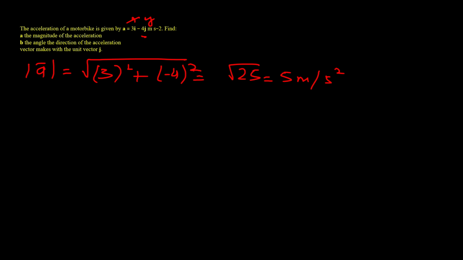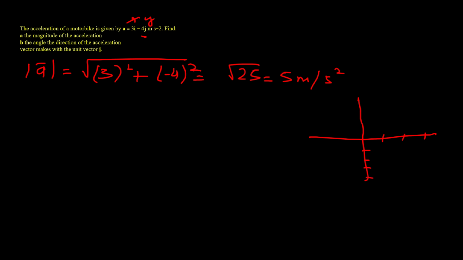Now we have to find the angle the direction of the acceleration vector makes with the unit vector j. To find the angle which the acceleration vector makes with the y-axis, we simply draw this vector on the side. For example, this is the xy plane. We have to draw this acceleration vector by using its x and y components. The x component is 3i, so let's say 1, 2, 3. That's the point of 3i, and minus 4j is in the negative y direction, so 1, 2, 3, 4.